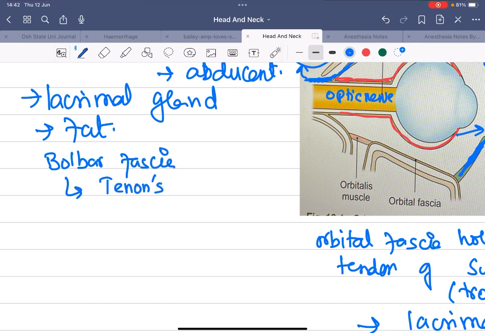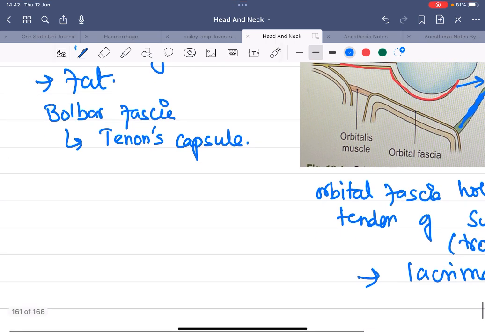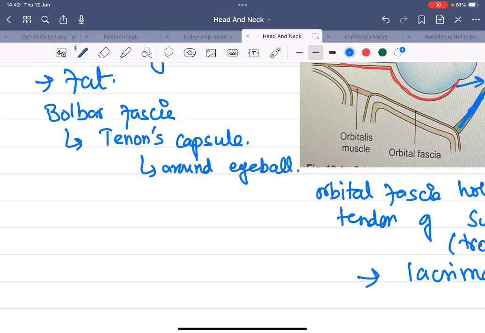So what is Tenon's capsule? It forms a thin, loose, membranous sheet around the eyeball, so the eyeball can freely move within this sheet.